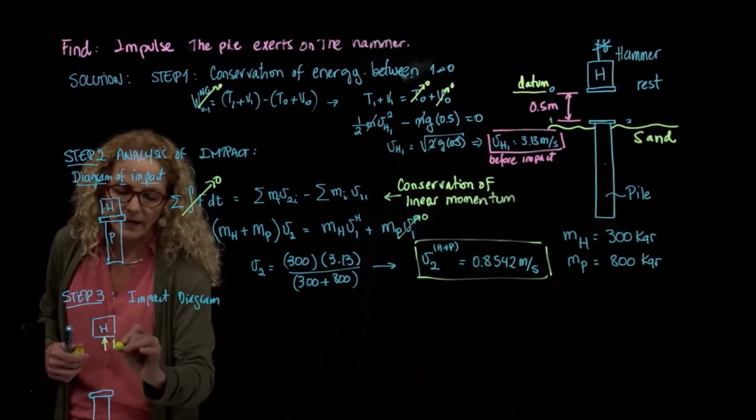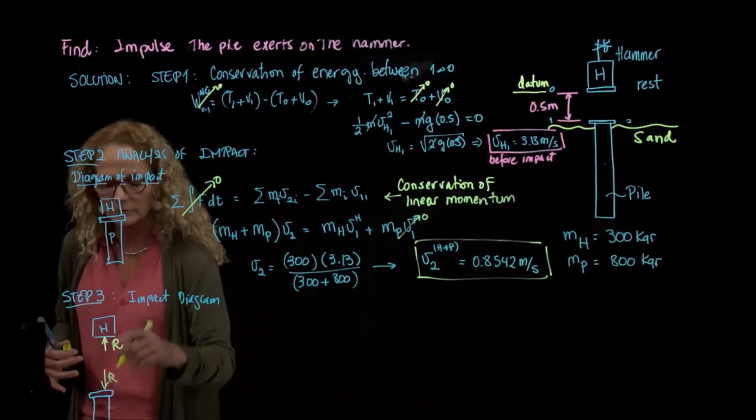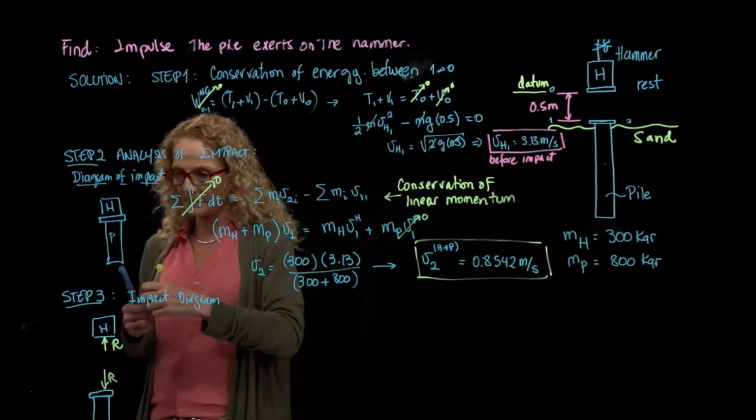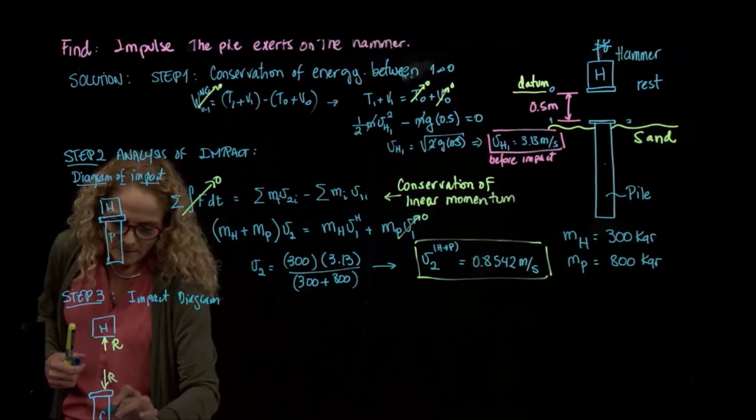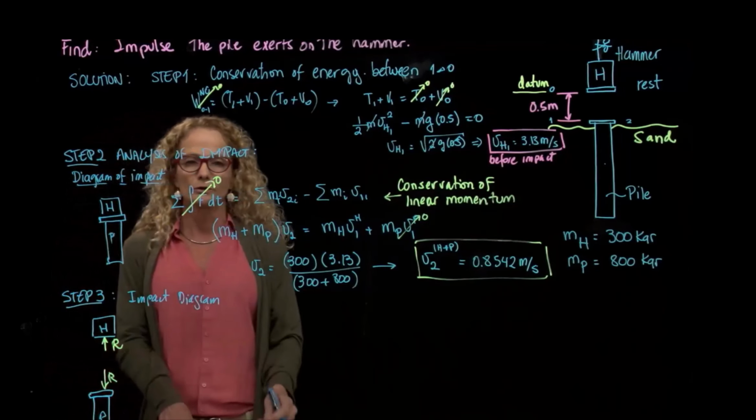So this is the reaction impulse, and this is the reaction impulse. That's why here we didn't see them. And here they cancel out, but we will take that into consideration only.